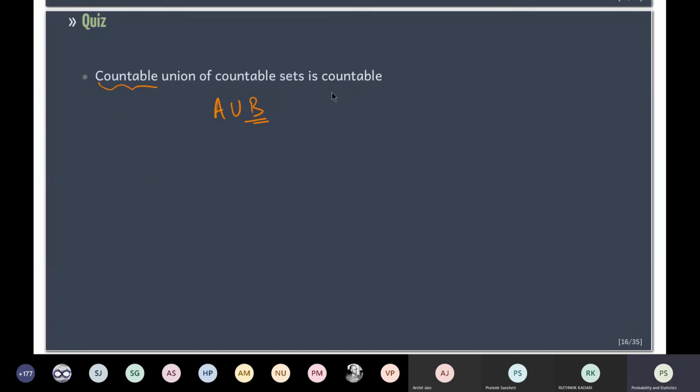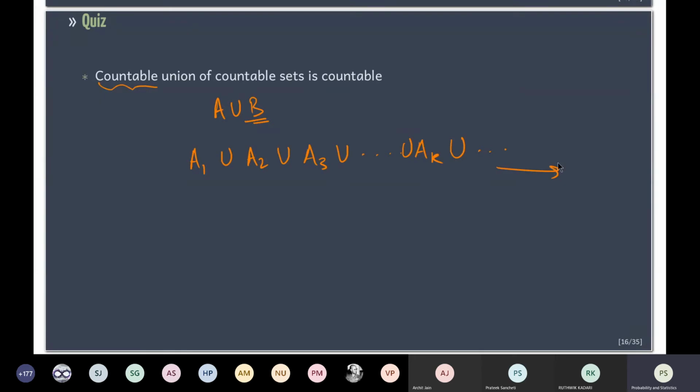So what this is saying is A1 union A2 union A3 union, up to AK union, and then this goes on. This is also infinitely many of the sets A, right?